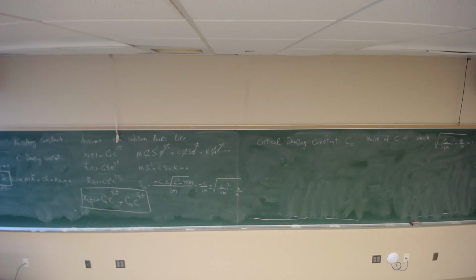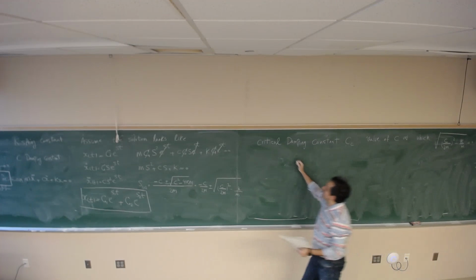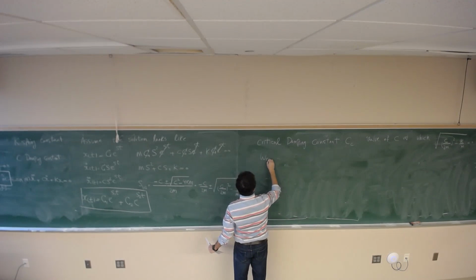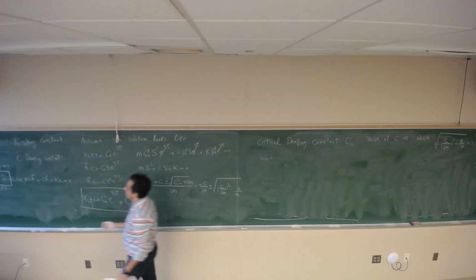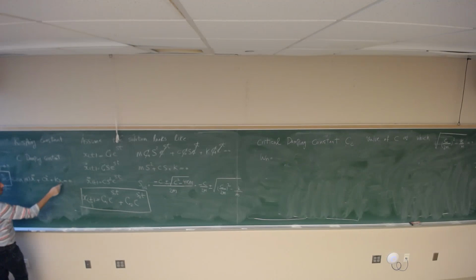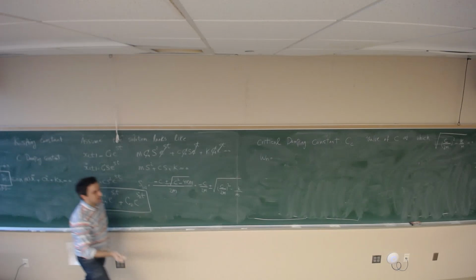Good. So I'm just going to simplify this a little bit. Write the square root of 4k over m as a function of angular frequency. You know that angular frequency is the square root of the coefficient of x, which is k, divided by the coefficient of x double dot, which is m.